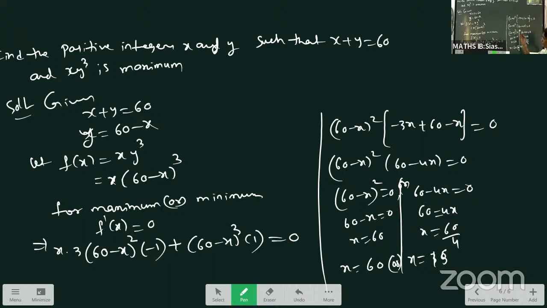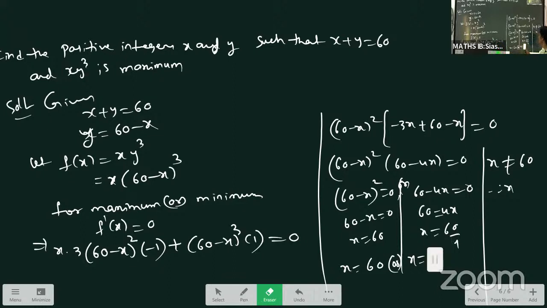So if the other value is 0, in xy cube, x into 0 becomes 0. So that is why what logic do you have to write? x not equal to 60. Therefore, which value do we have to take here? x is equal to 15 you can take. Therefore, x is equal to 15.